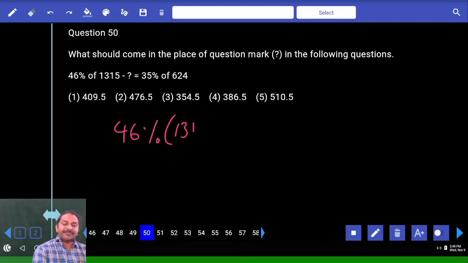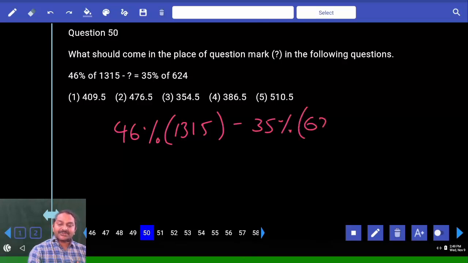46% of 1315 minus 6 goes to the other side, and the other side number 35% of 624 comes to this side. Yeah, decimals are there. 3 multiple, 7 multiple, 11, 9. No. Nothing can be verified.